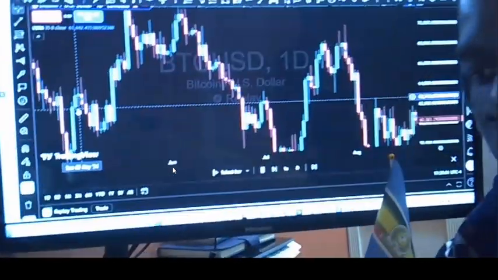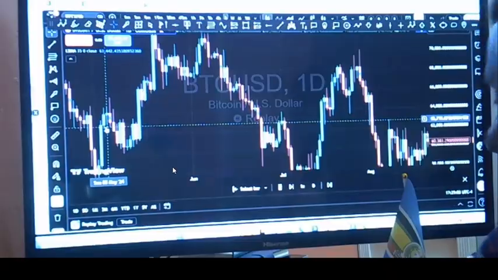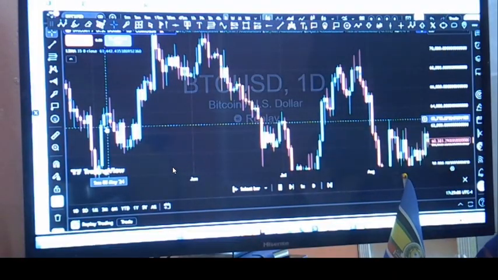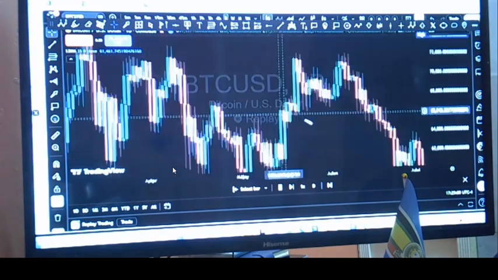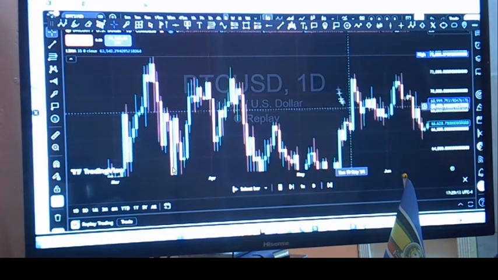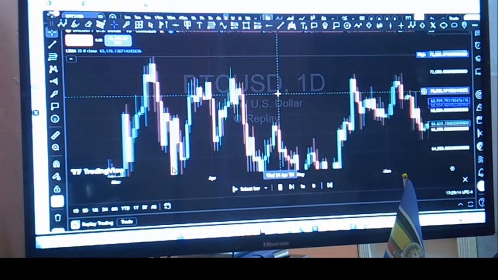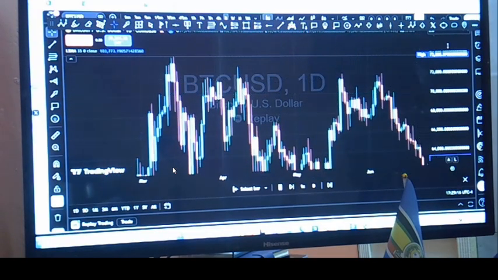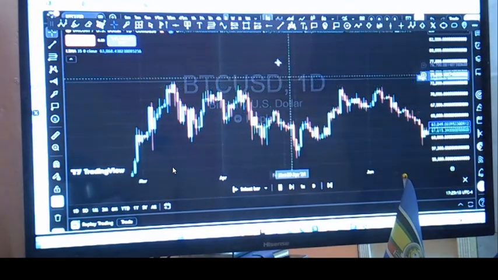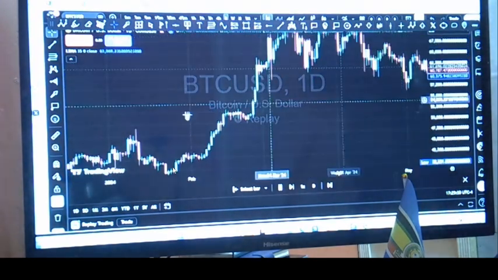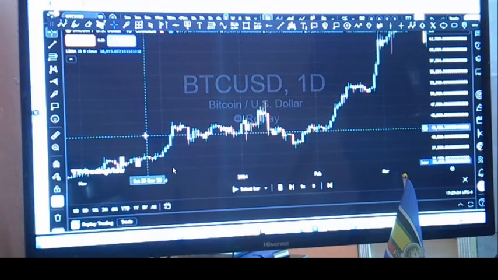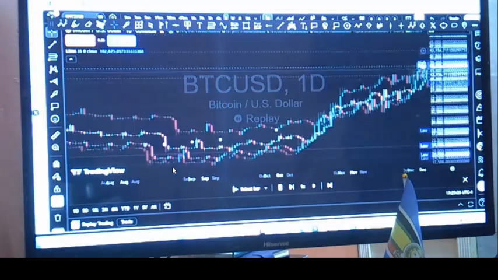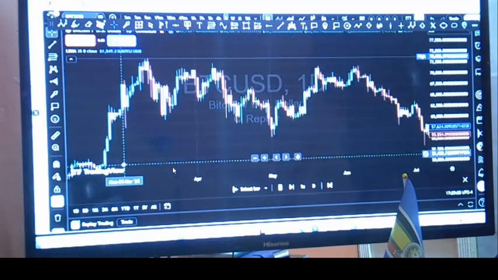Now, when we are backtesting, ideally what we do, we have to look for our trading strategy. And what is the trading strategy we are using? Which trading strategy are we using, guys?